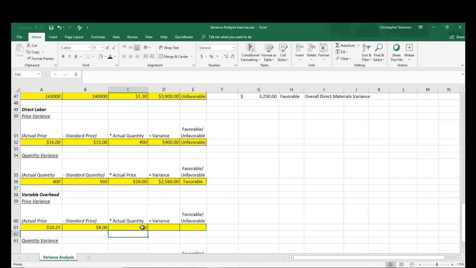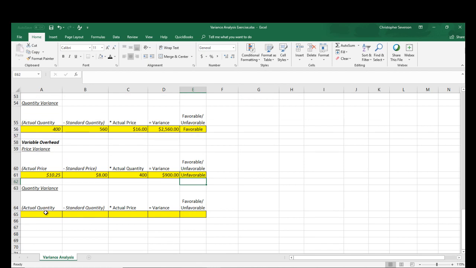So the actual quantity there is the 400 units. And it's the same as the actual quantity for the direct labor. So now the variance is, again, actual price minus standard price multiplied by actual quantity. So here, standard price was $8. We actually spent $10.25. We spent more. So it's going to be an unfavorable variable overhead variance.